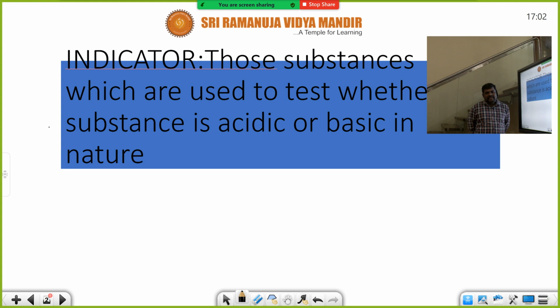The red color again turns yellow with acid solution. No doubt at all, turmeric is an indicator.